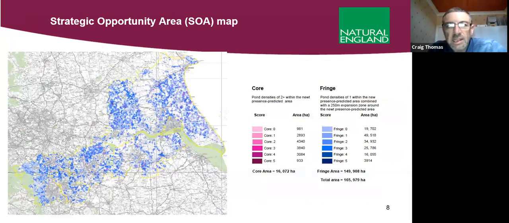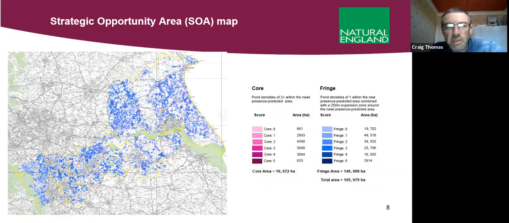A key part of habitat delivery is what we call the strategic opportunity area maps. Clearly, with DLL, we're looking at producing compensatory habitat in strategic locations that are going to be secure for 25 years, our definition of in perpetuity.